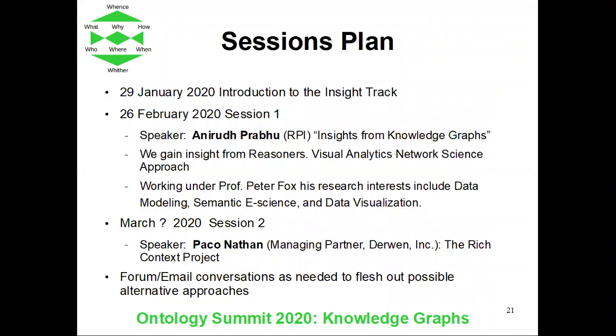The feature of that, and you'll see a little bit more on the next slide, is that we gain insight into what the knowledge graph is and can do from a variety of other things like reasoners on it, or visual analytics, or network science approaches to understand the knowledge graph and to improve it and so forth. I note there that Anirudh is working under Peter Fox at RPI and working on data modeling, e-science, and data visualization.